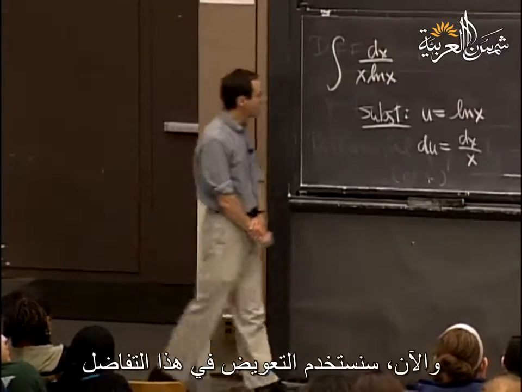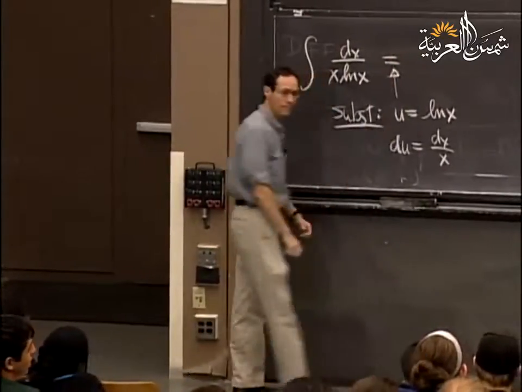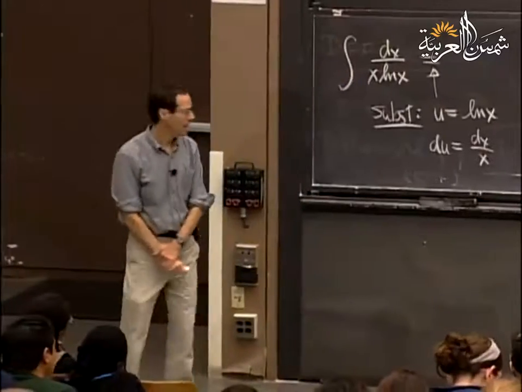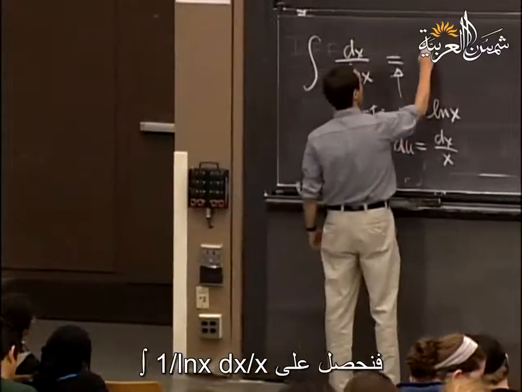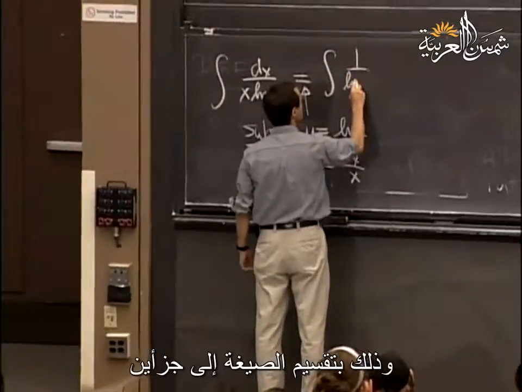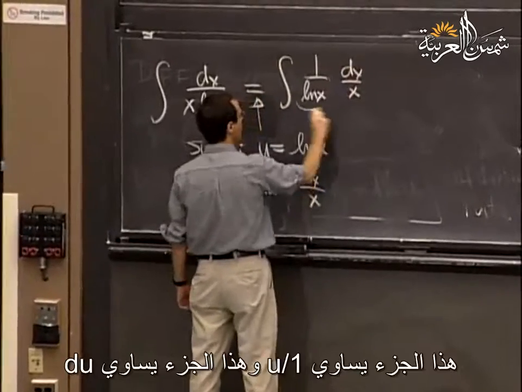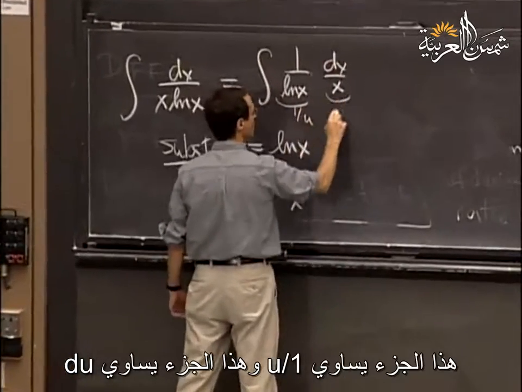All right, so now we can express this using the substitution. And what we get is the integral of, so I'll divide the two parts here. It's 1 over log x, and then it's dx over x. And this part is 1 over u, and this part is du.